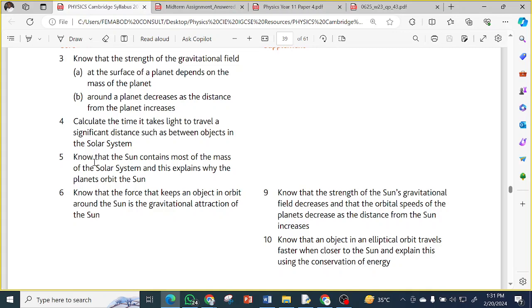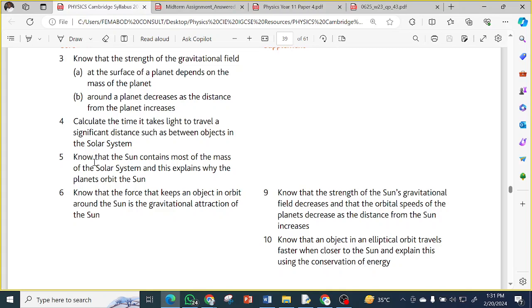We said that the bigger the planetary body, the higher the gravitational field strength. So the sun, being the largest in terms of mass of all the planetary bodies, has the high gravitational field strength to pull all other planetary objects towards it.